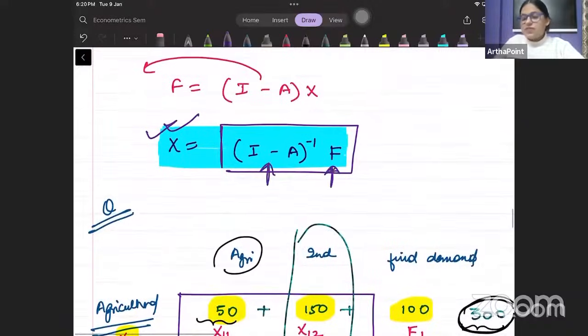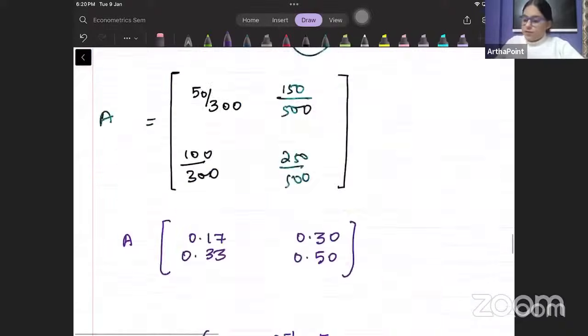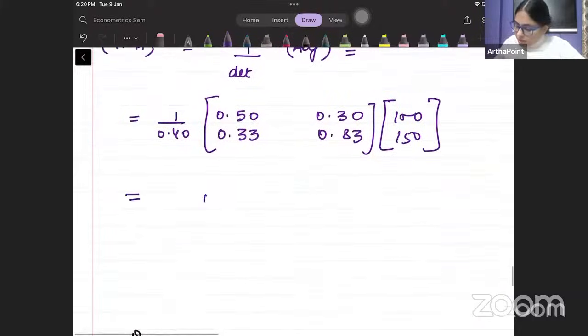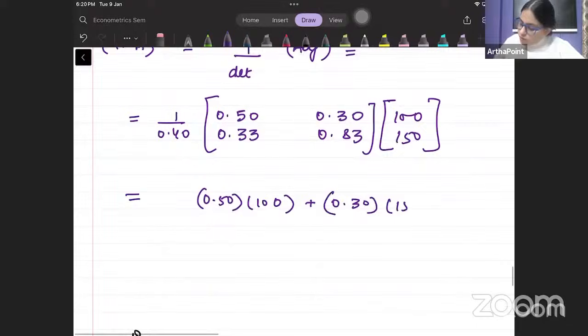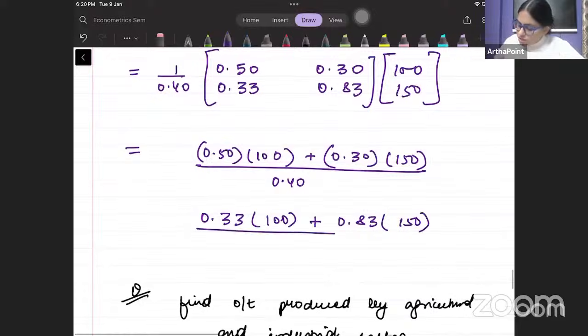I need to multiply this with the final demand, which is given to me as 100 and 150. So I will just multiply this with 100 and 150. What will I get, beta? I will get 0.5 into 100 plus 0.30 into 150 divided by 0.40, and 0.33 into 100 plus 0.83 into 150 divided by 0.40.